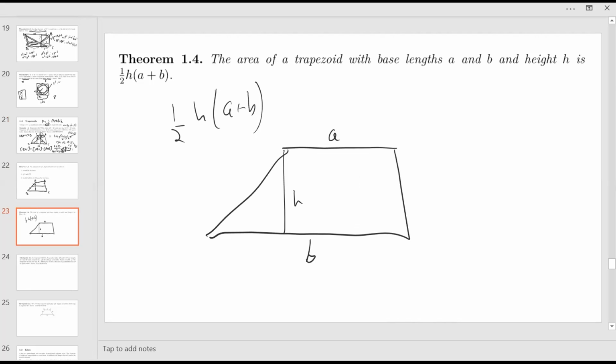We're running a little short on time, but the gist of one way you can prove it is just by extending these two legs up to a common point, and then the area of the trapezoid is just the area of this big triangle minus the area of this small triangle. You can find both of them using similarity.